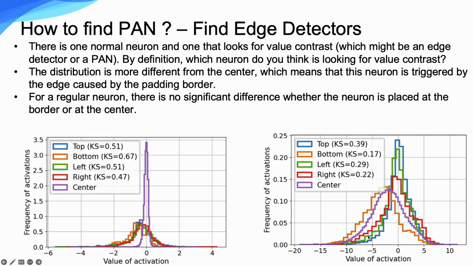And for a regular neuron, there is no significant difference whether the neuron is placed at the border or at the center. So we can use this condition to identify if a neuron is an edge detector.